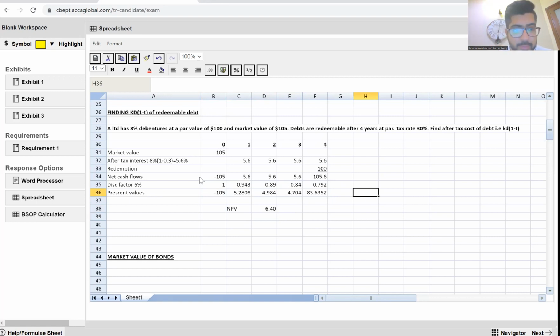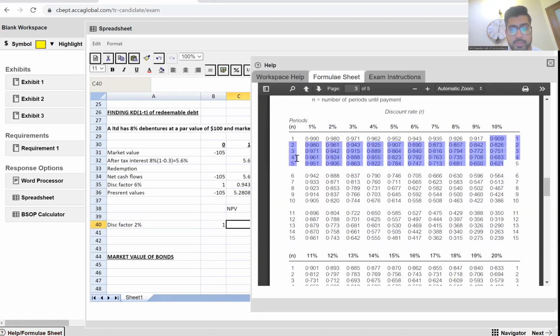Now, once you have got the negative NPV, to make NPV positive, you need to reduce the discount factor. Okay. So let's suppose I make the discount factor 2%. So let's copy the factor 2%, 1, and then again I open the formula sheet for 2%. It's 0.980, 0.961, 0.942, 0.924. Okay.